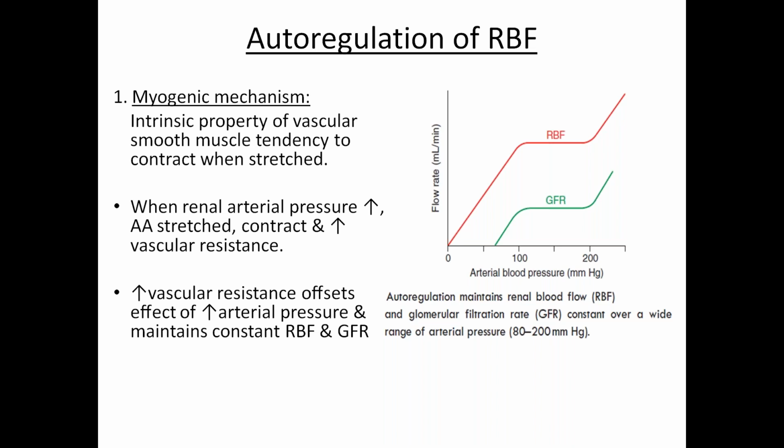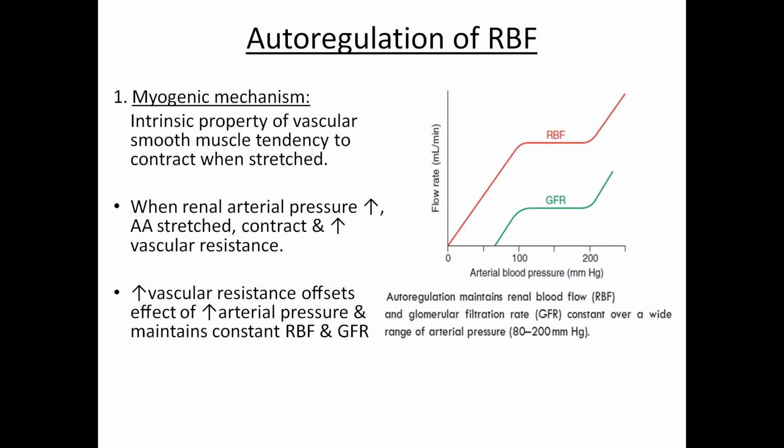And what it basically means is that even if the blood pressure of a person is fluctuating, the kidney manages to keep the renal blood flow and the GFR as constant as possible, and that happens because of its own intrinsic mechanisms, which is known as autoregulation.